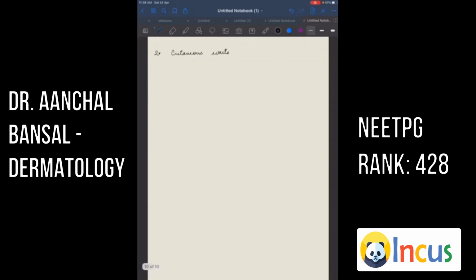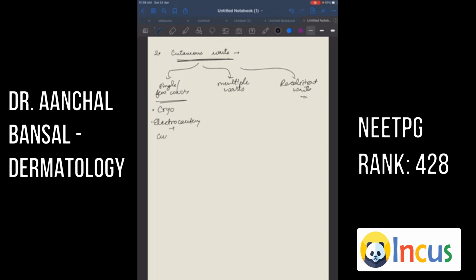Then cutaneous warts. For cutaneous warts, treatment depends upon whether there is a single or very few warts, or whether there are multiple warts, and if these are recalcitrant warts. If there is a single or few warts, we can go for cryo, electrocautery plus curettage, or application of cantharidin.